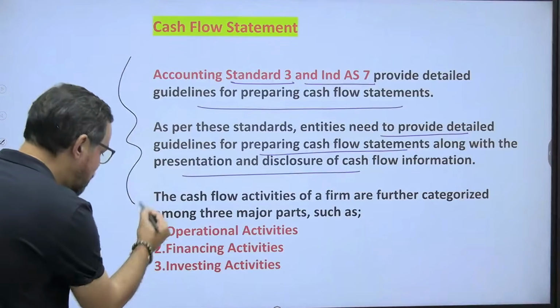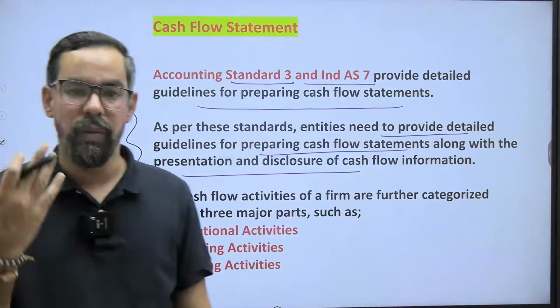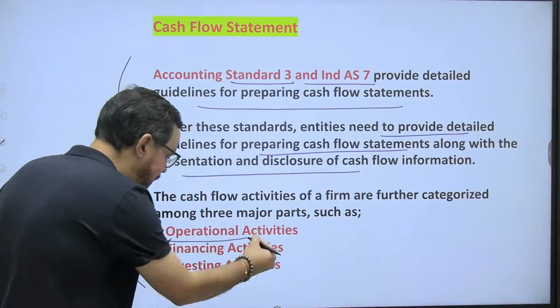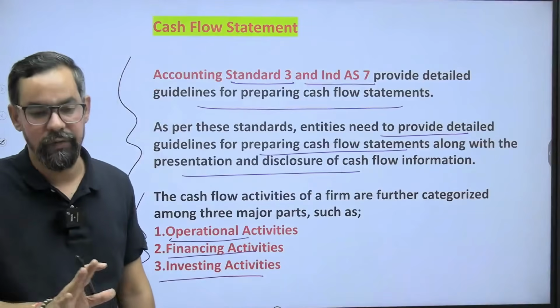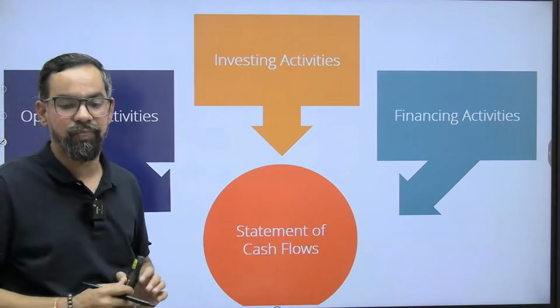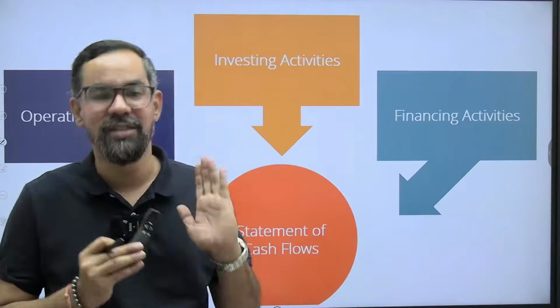So as per these accounting standards, companies, while they prepare their cash flow statement, need to categorize among operating activities, financing activities, and investing activities. These are the three types of activities. So basically, Accounting Standards 3 and 7 made our journey a bit difficult.